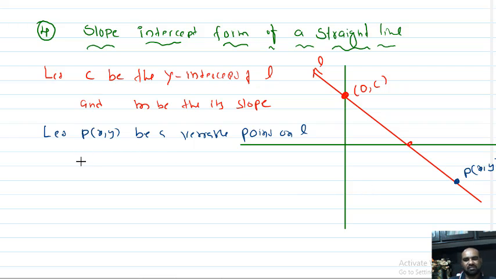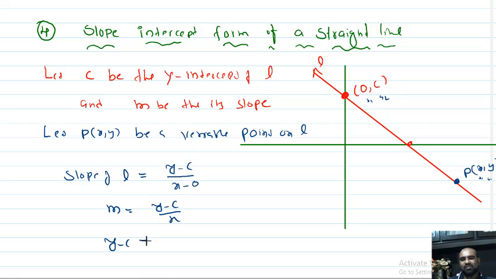Okay. So, I will write slope of L equal to, this is (x1, y1), this is (x2, y2), (y minus c) by (x minus 0). Already slope is m, Nana, so m equals (y minus c) by x. Cross multiplication: y minus c equals mx, or y equals mx plus c.